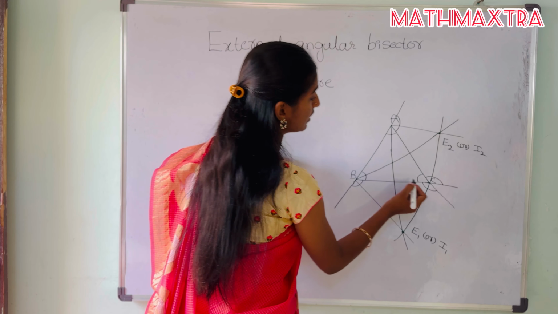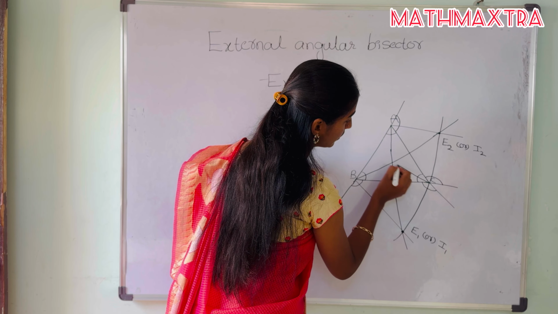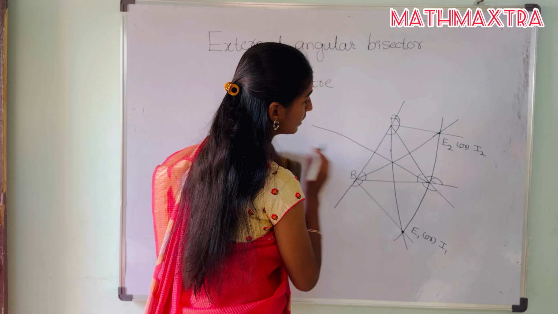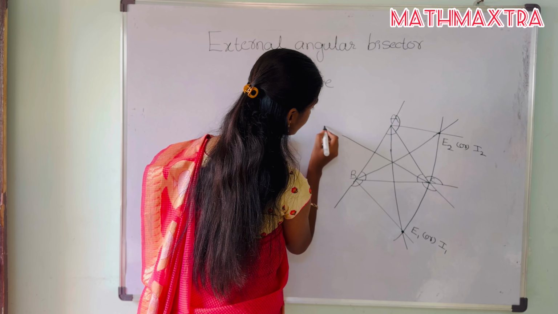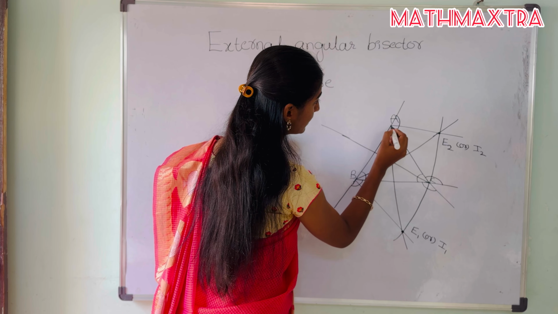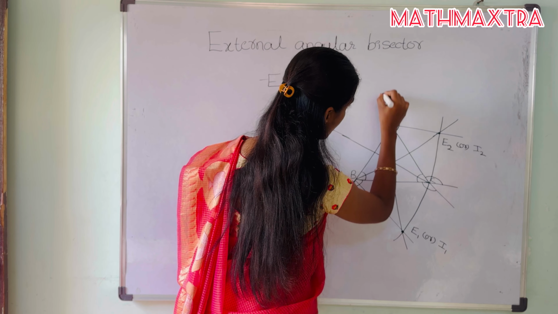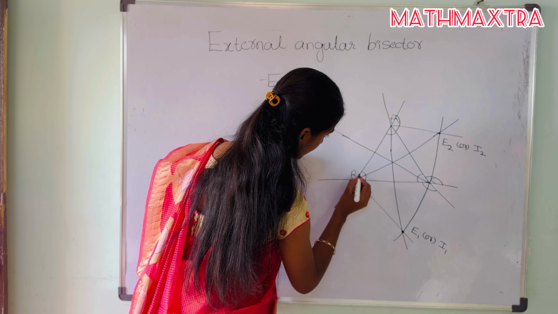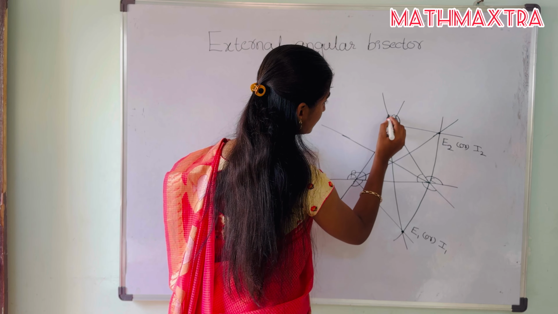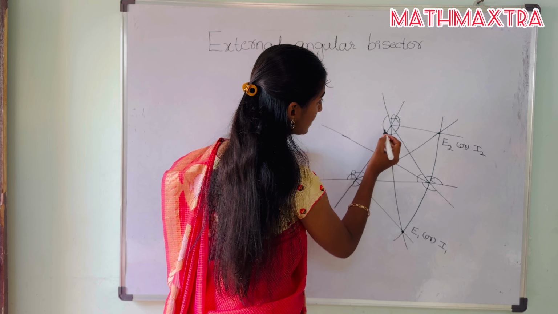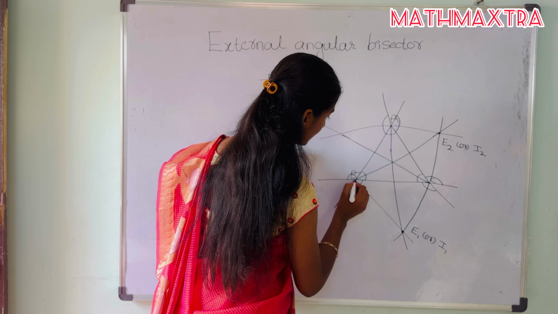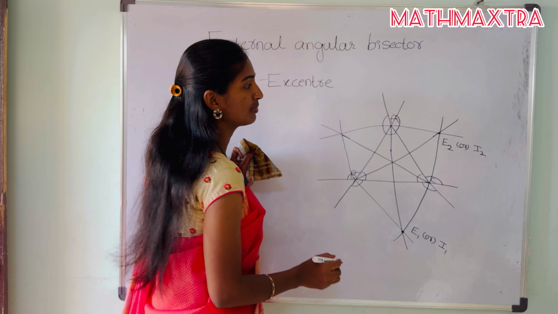And similarly you can have one more internal angular bisector through vertex C. You extend the sides, and this is one external angle, this is one external angle, and these are the external angular bisectors.